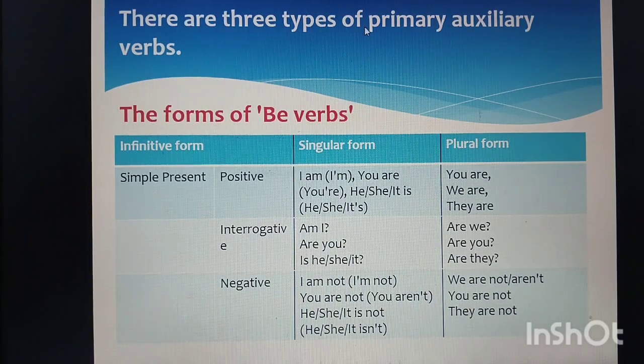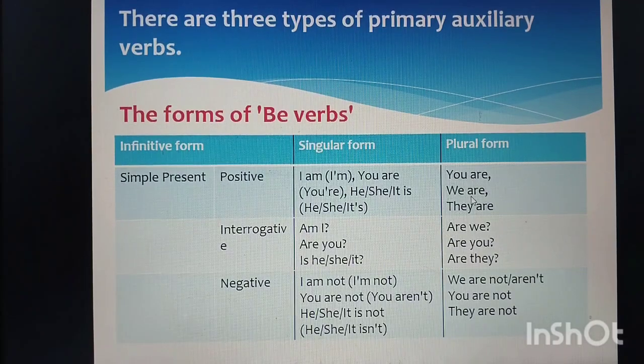There are three types of primary verbs. You can see forms of be verbs. Simple present, positive: I am, you are, she is, it is, he, she, it is. Interrogative: am I, are you, is he, is she, is it, like that. Negative: I am not, you are not, he, she, it is not, isn't, like that.